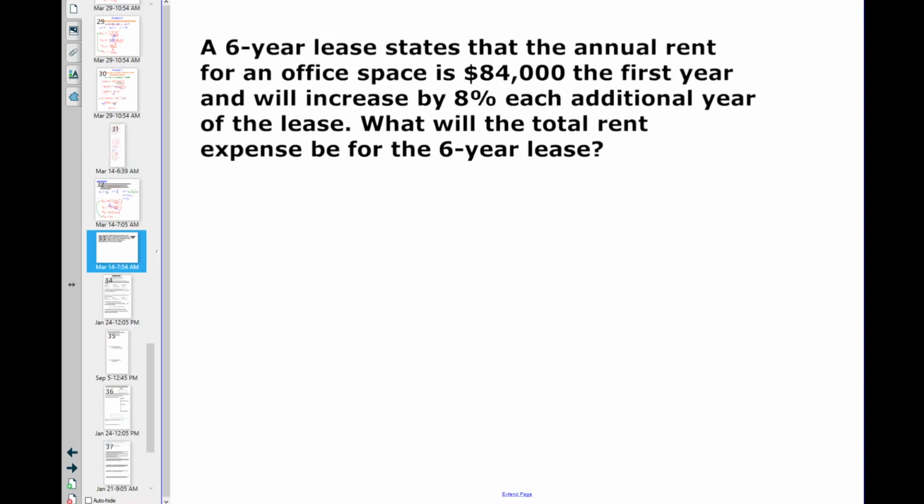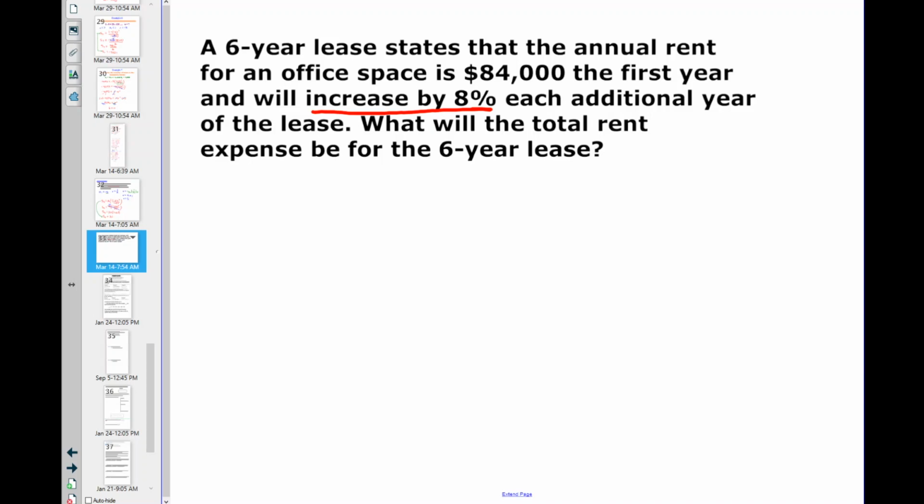Back in Algebra 1, when you were just doing sequences, you learned the difference between an arithmetic and a geometric sequence. And you learned that when you're increasing by a percent, it's geometric. If you were increasing by a dollar amount, if they said every year it goes up $8,000, plus 8,000, 8,000, 8,000, well, that's arithmetic, not geometric.